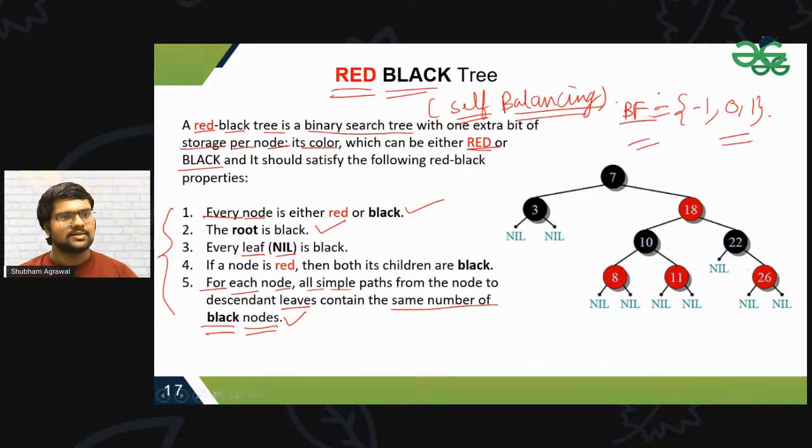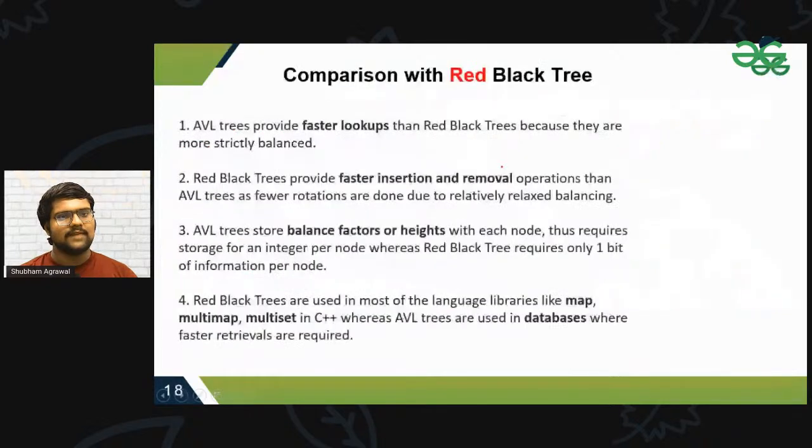AVL tree provides faster lookups, because an AVL tree is more strictly balanced than a red black tree. In an AVL tree the height difference is at most 1 between the last two levels. But in a red black tree it is not as strict as the AVL tree.